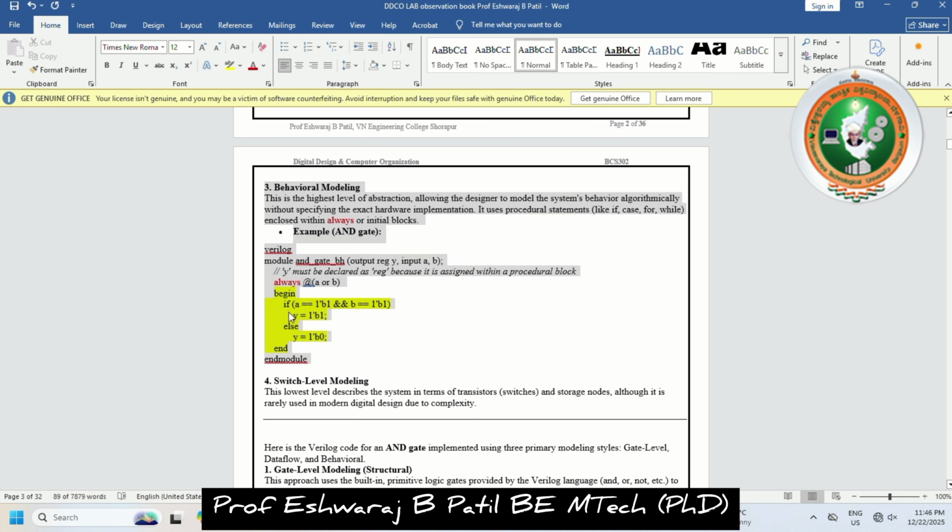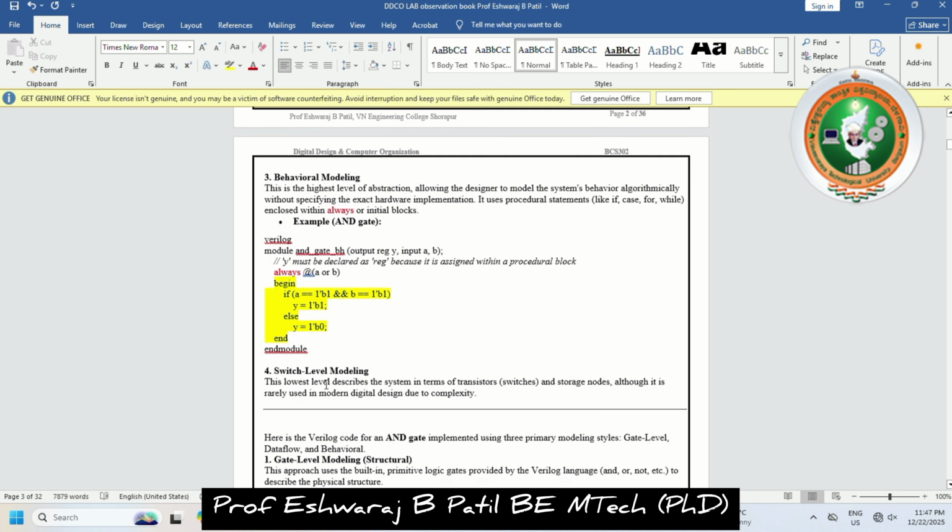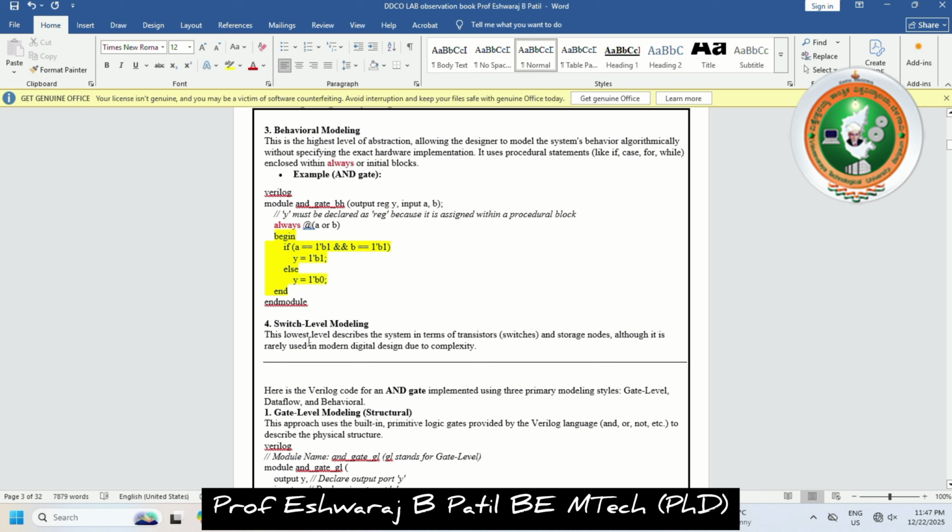This is the writing of the AND gate in the behavioral model. Just observe, I am using the always keyword, and also begin and end. Within the begin and end braces I write the program, using an if else statement: if both inputs are high then only the output is high, otherwise it is 0.